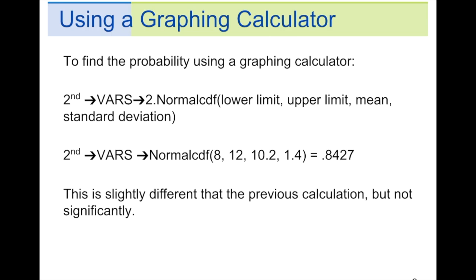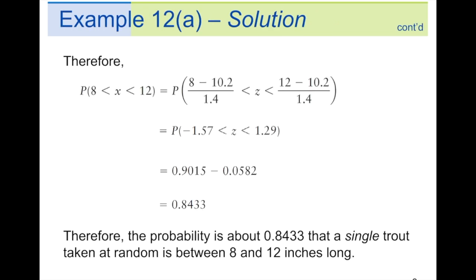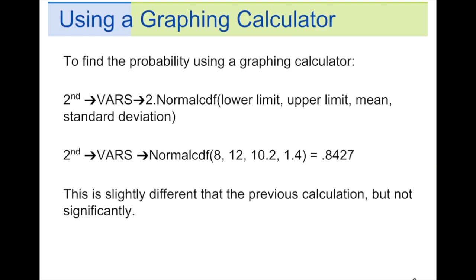So you press 2nd vars, normal CDF, 8, 12, 10.2, 1.4. 8 being the lower limit, 12 being the upper limit, 10.2 being the mean, 1.4 being the standard deviation. And that'll give you 0.8427. This is slightly different than the previous calculation, but not significantly. The previous calculation was 0.8433, just 0.0006 difference.